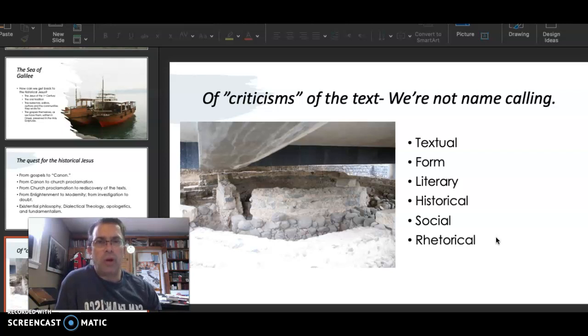A historical critical question could be related to the Mark piece where Jesus is taken to the proverbial woodshed for not having his disciples wash their hands. What is that about? Where can we find that in the history?